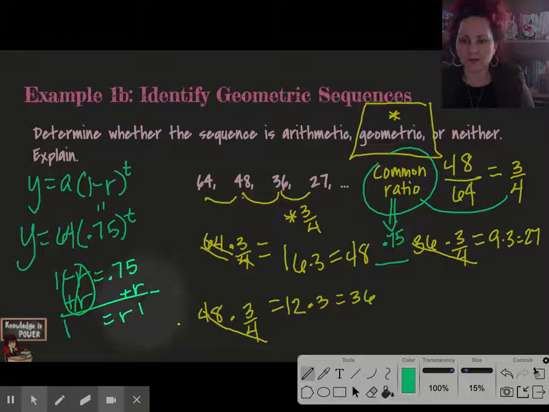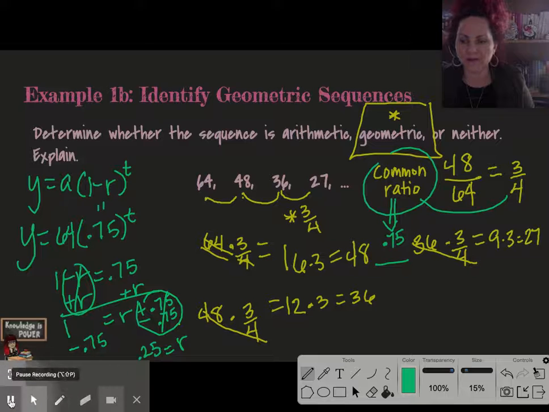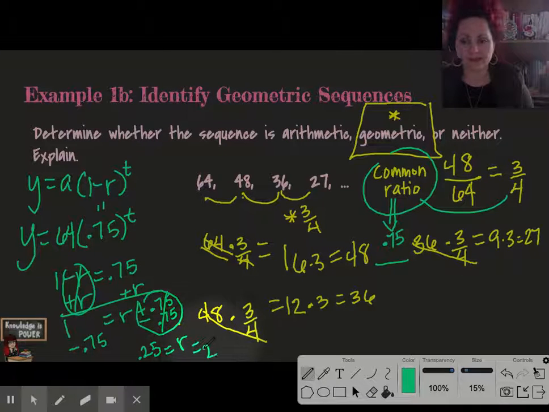And we have r plus 0.75. Now let's subtract the 0.75. Additive inverses. And r will equal 1 minus 75 cents, which is 0.25. And 0.25 is the same as 25%.